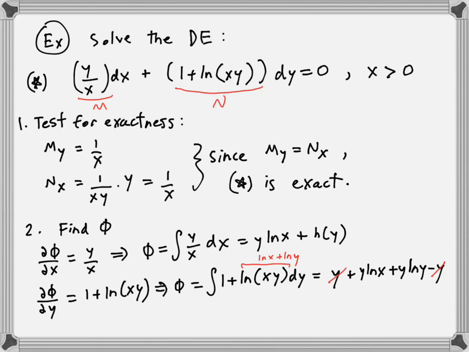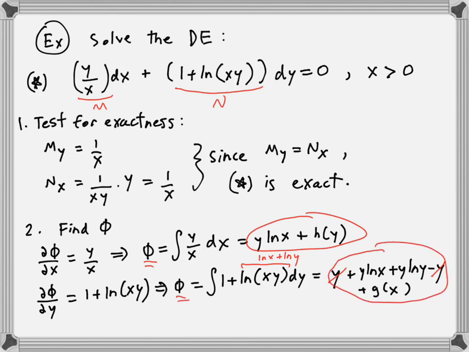So now what? Let's not forget that this also includes plus an unknown function g of x. This is like our plus c, plus g of x. And now we take this one and this one. Remember, these are both phi. So we set that one equal to this one, and when you set them equal, you realize that h of y must be y ln y.